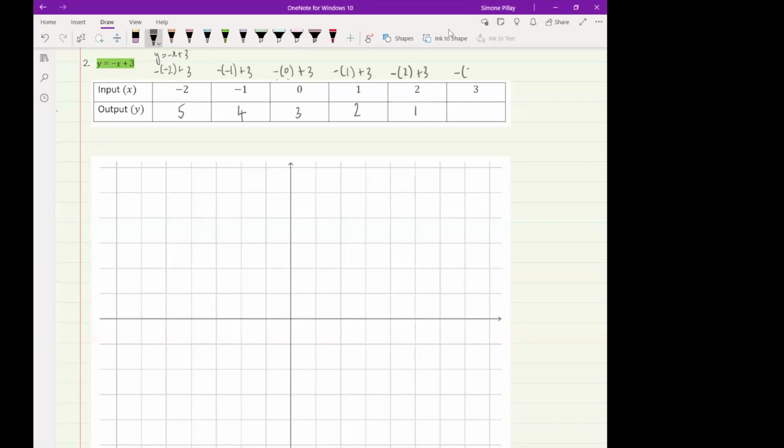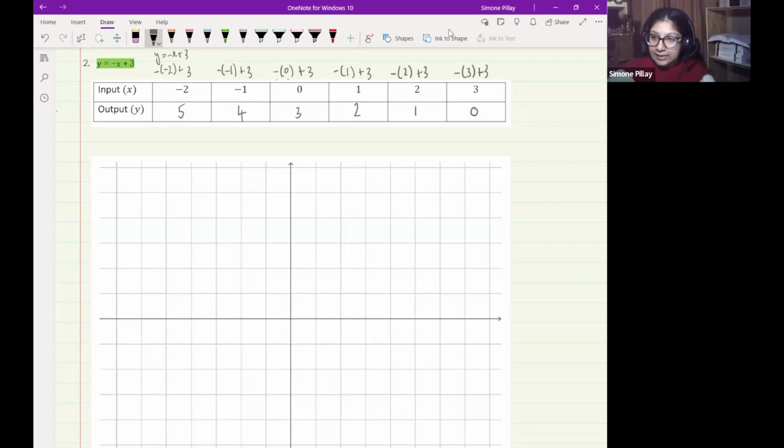Then it's going to be substitute x with positive 3, and then plus 3. y is equal to negative 3, yes, plus 3, which is going to be equal to 0. 100%.